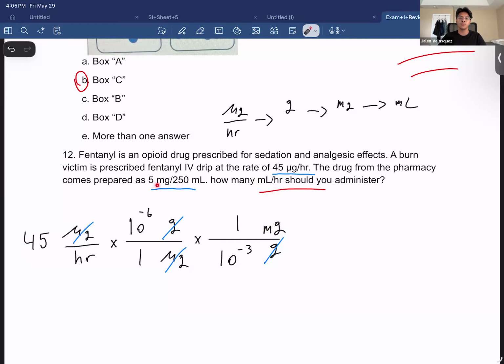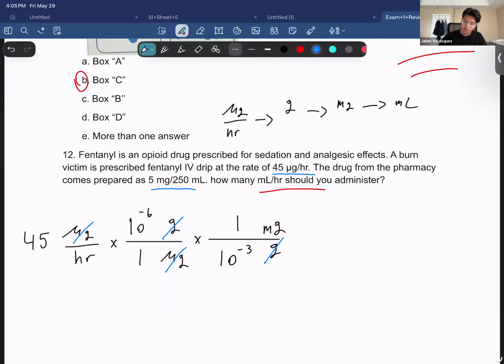So here is where we're going to use our conversion factor. For this drug specifically, it comes as 5 milligrams per 250 milliliters. Remember, at the end, I want milliliters per hour. That means I want the unit of milliliters on top and the unit of hours in the bottom.